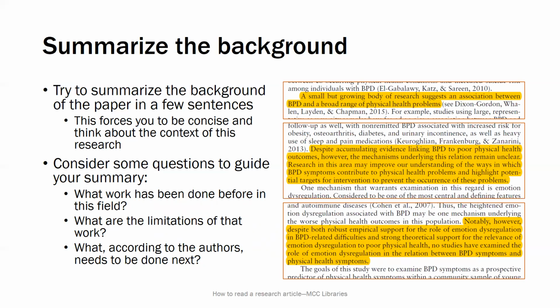And some questions to guide you: what work has been done before, because a lot of times the work that is done before is going to shape the current research that's being done. What are the limitations? The author should point out limitations of prior research. A lot of times limitations is what generates research questions, like, oh, they weren't able to do that, but maybe I can figure that out. And then also, what do we need to do next as a field, or what do we need to do next as a research question?